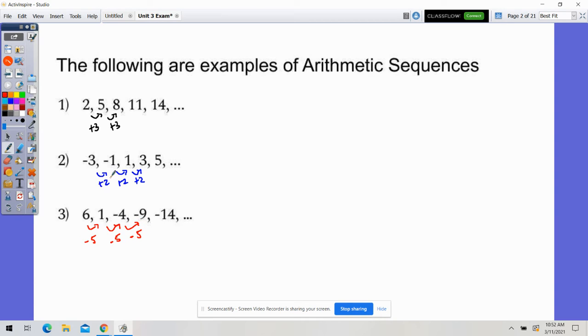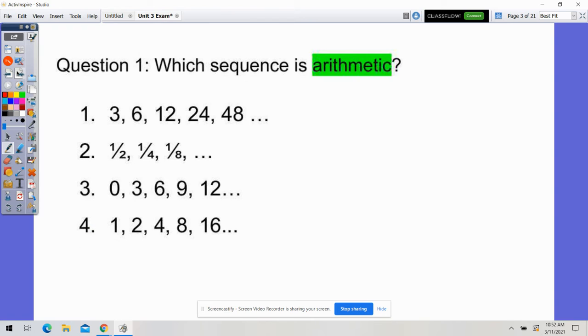So any sequence that involves adding the same number or subtracting the same number, similar to a linear function, would be arithmetic. Now you're going to answer which of the following sequences, 1, 2, 3, or 4, is arithmetic.